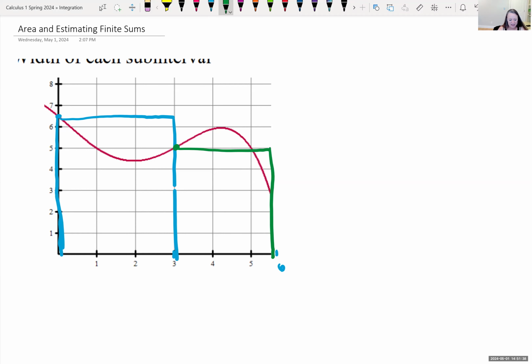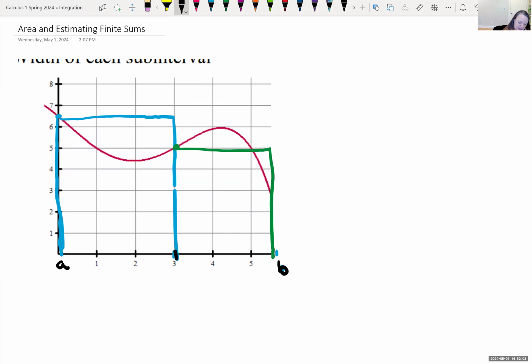So this is going to give me a little bit better estimate of that area under the curve than before. Notice that we don't always know what these numbers are. So let's say that this was A and B. And so I want to figure out how many rectangles I'm going to have broken this into.